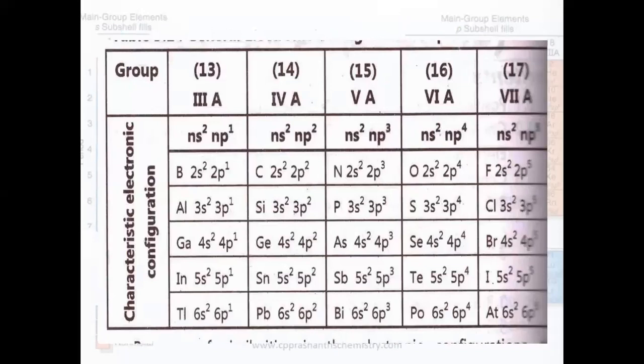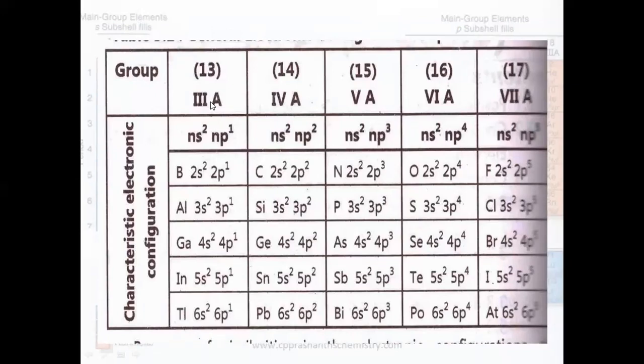Last time it was not very clearly visible, but for the purpose of your study I have made it visible through a PowerPoint presentation. These are all group 13 elements from boron to thallium. Here I have shown the common electronic configuration where 3, 4, 5, 6, and 7 electrons are there.